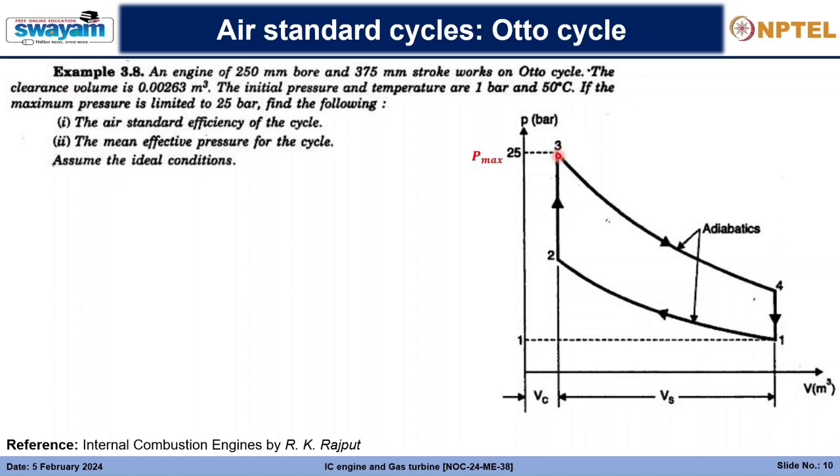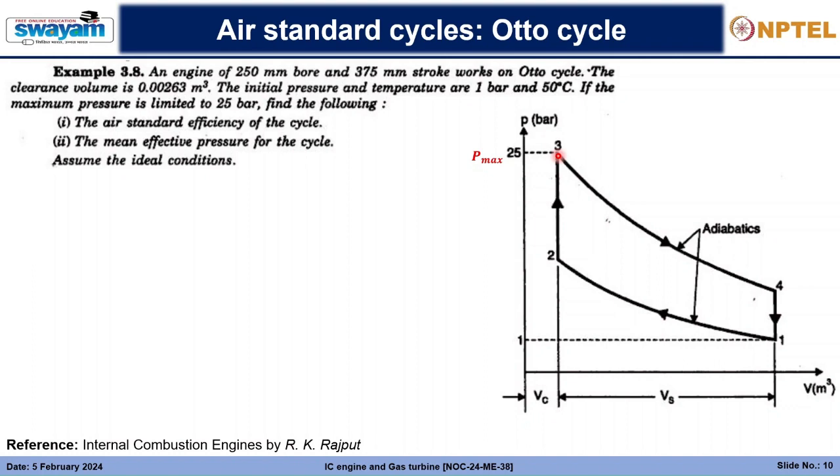And practically, why such limitations are required is that the material of this cylinder, from the manufacturing point of view, may have a particular limit, which is not too far away from the pressure and temperature within the cylinder.